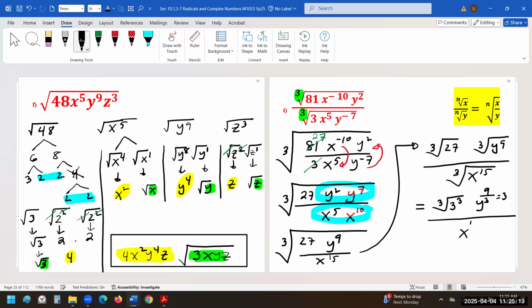Can we divide 15 by 3 evenly? How many times? 5. So the cube root and cube power cancel out. For the number, we get the 3. And what is the power for y now? y to the 3 and x to the 5. So this one doesn't have any remainder.